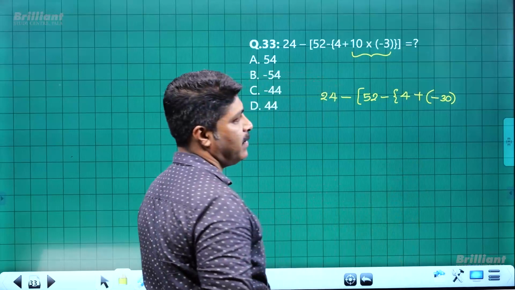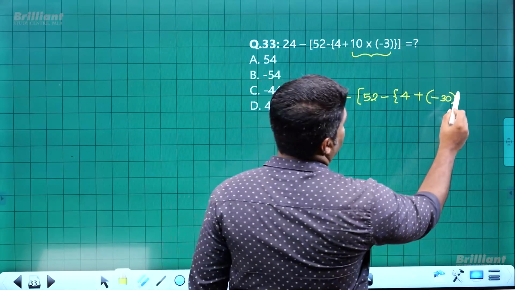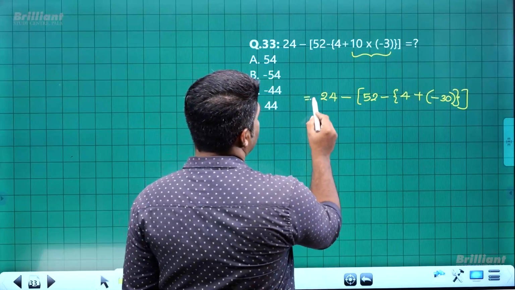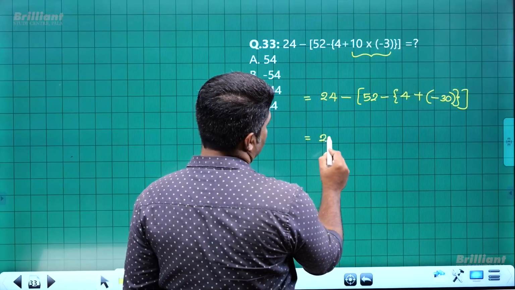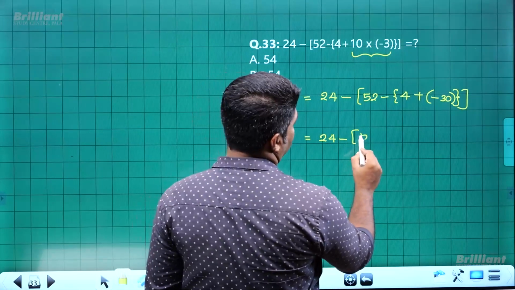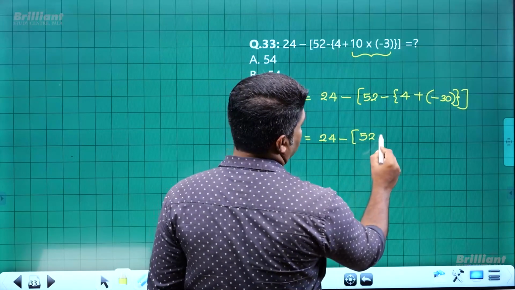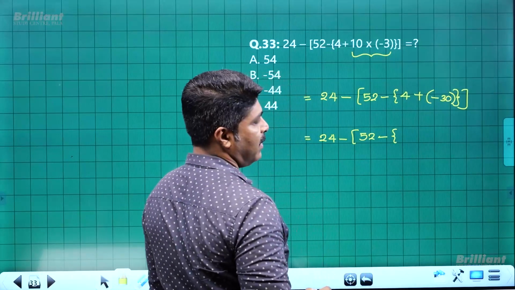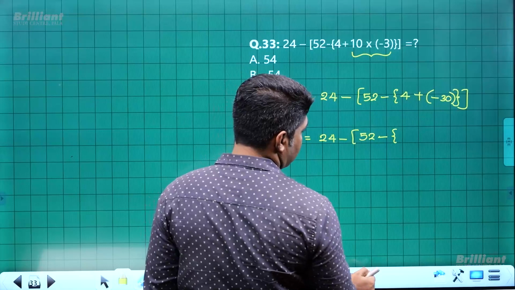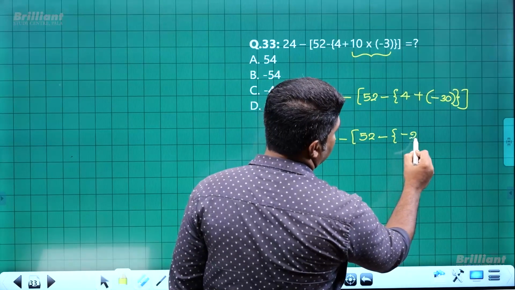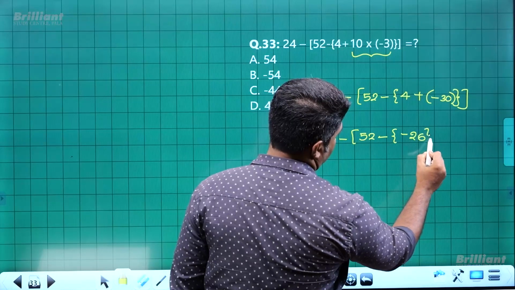Don't forget that part, 4 plus minus 30. Then close the brackets. So this is 24 minus, this is 52 minus, this is 4 minus 30. So 4 minus 30 is equal to minus 26.